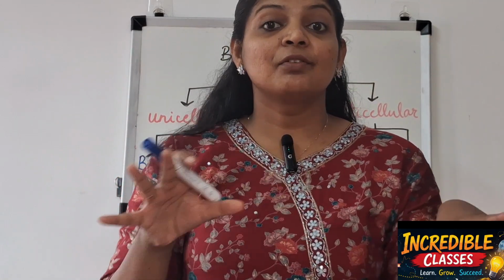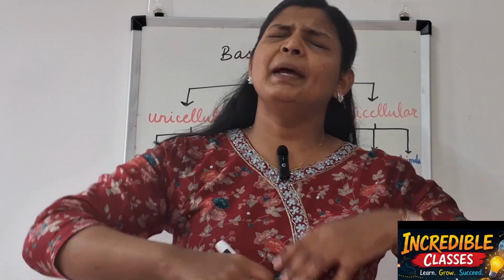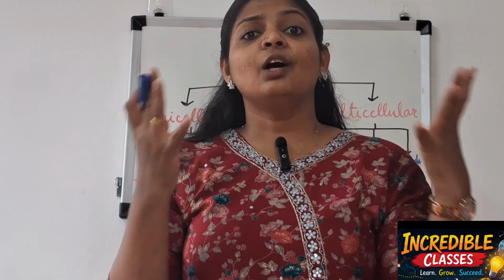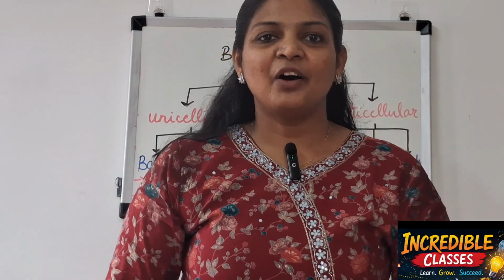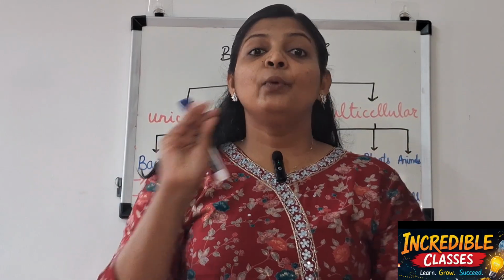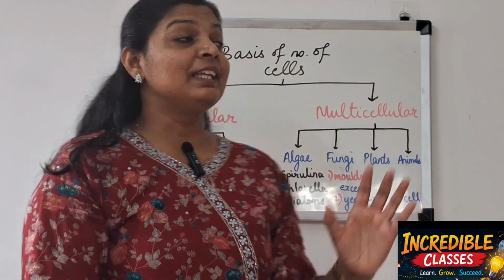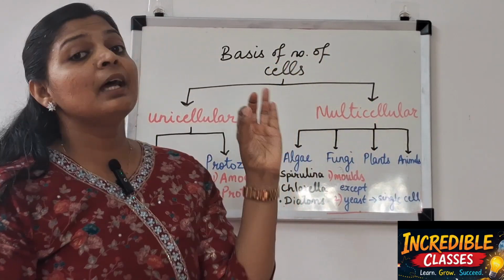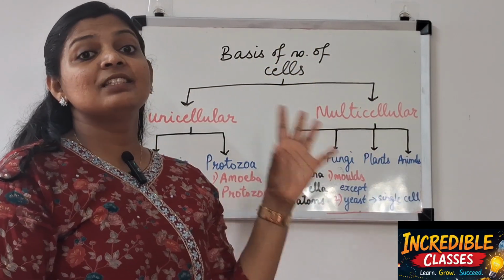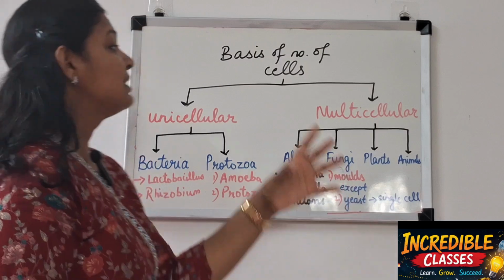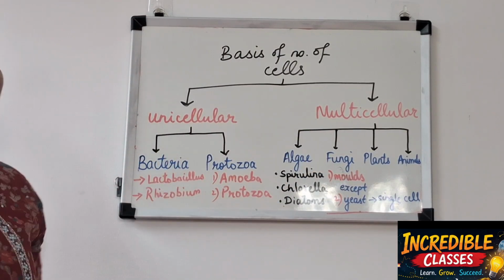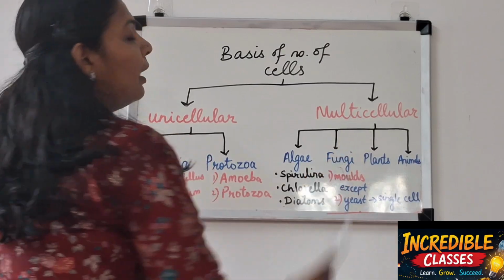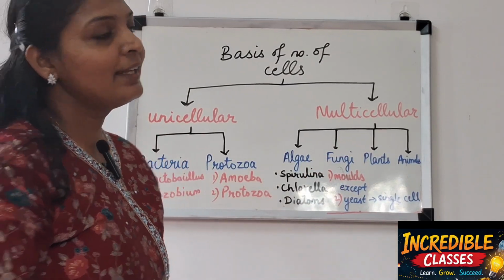Now such types of organisms which are formed from many cells, hundreds and thousands and millions of cells, we call them multicellular organisms. That is, we can categorize living beings on the basis of their number of cells, into unicellular organisms and multicellular organisms.